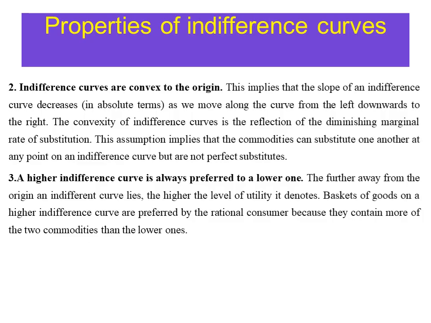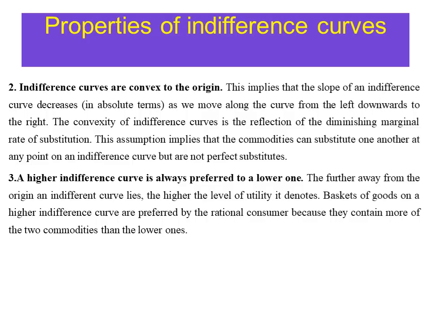The third property is that a higher indifference curve is always preferred to a lower one. As you see from the indifference map, the higher indifference curve is preferred by the consumer because it gives the highest satisfaction. The farther away from the origin an indifference curve lies, the higher the level of utility it denotes. Because of that, the higher one is the best.